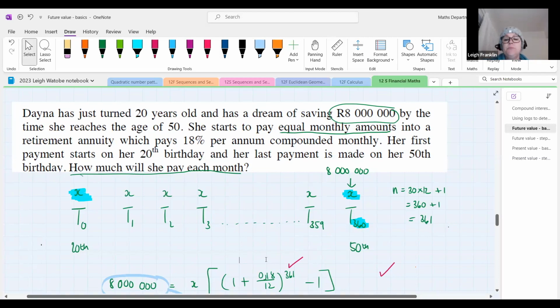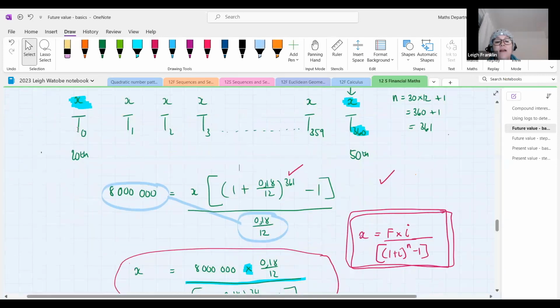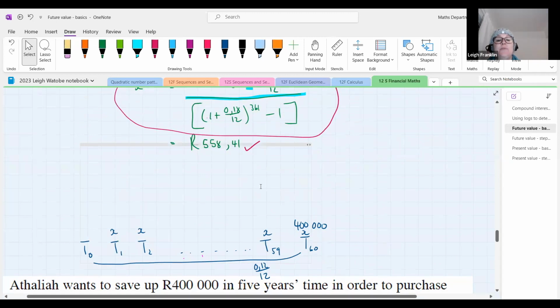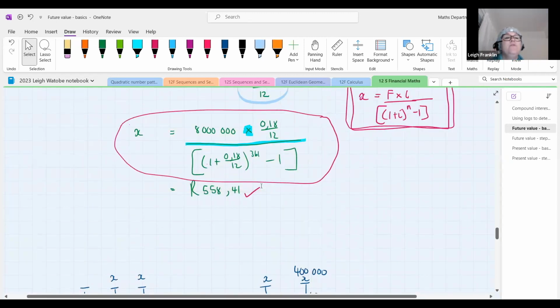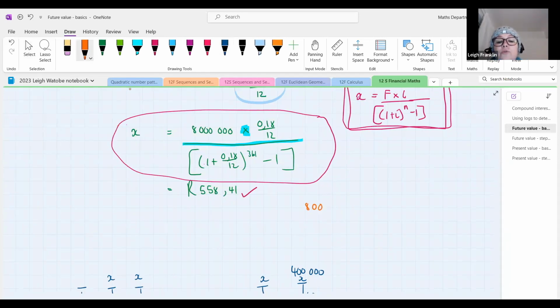Let's pretend that we didn't know that there were 361 payments in this particular case. We know what the value of X is. It's 558. So if you wanted to calculate N, you've got your 8 million, which is your future value.